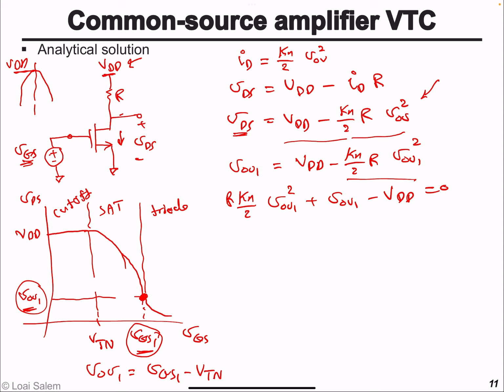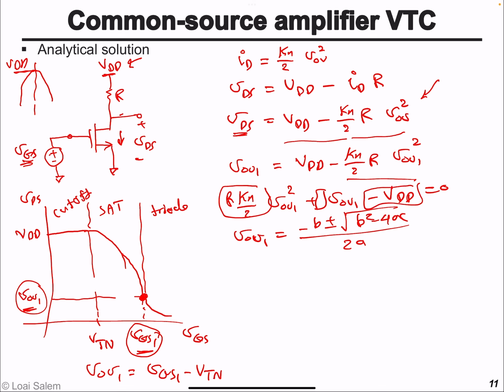And of course you can use the relation that the solution will be minus b plus or minus the square root of b squared minus 4ac, divided by 2a, where a is Kn over 2 times R, b is 1, and c is equal to minus VDD.